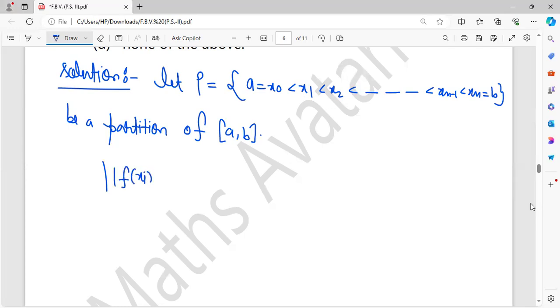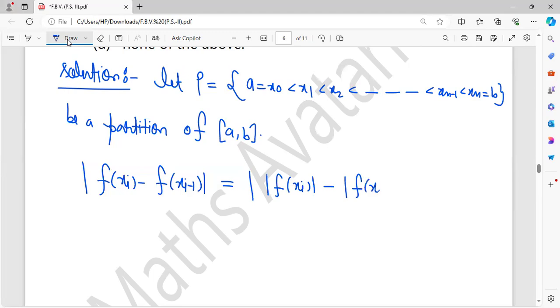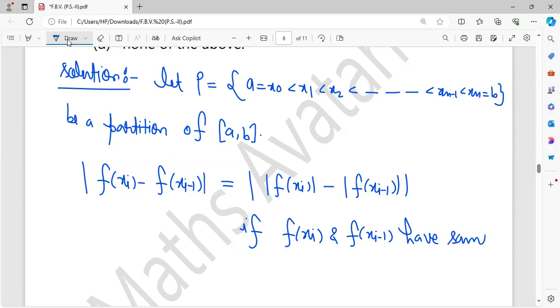The absolute value of f(x_i) minus f(x_{i-1}) will be equal to f(x_i) minus f(x_{i-1}) in the modulus sense if f(x_i) and f(x_{i-1}) have the same sign or at least one is 0.